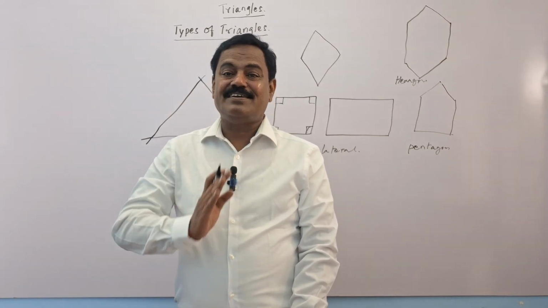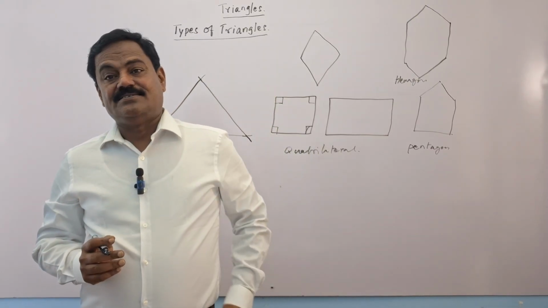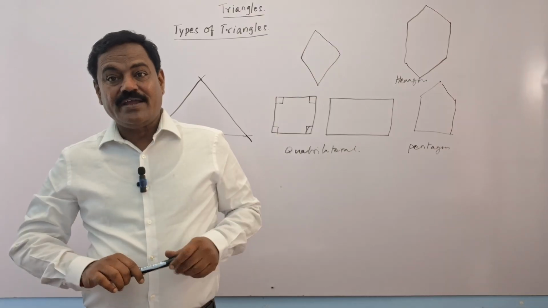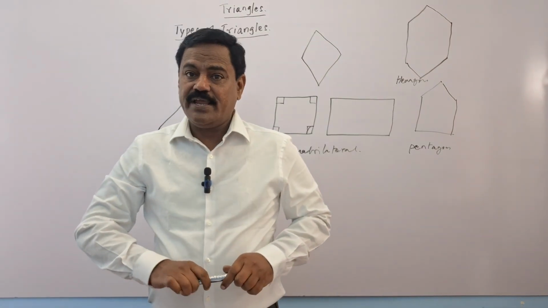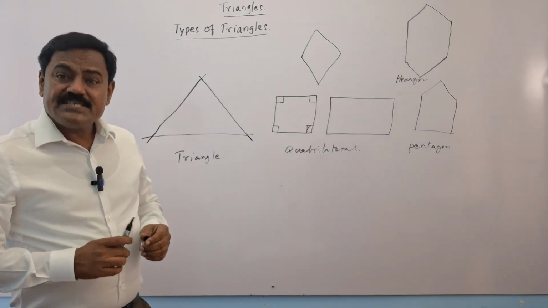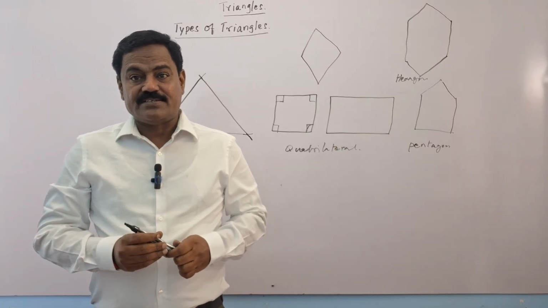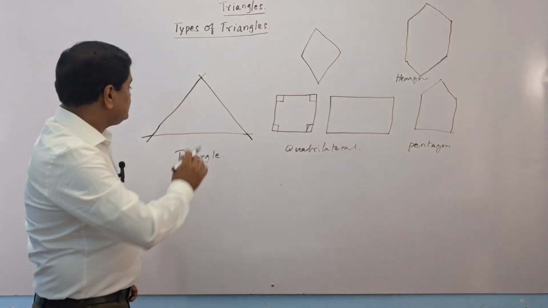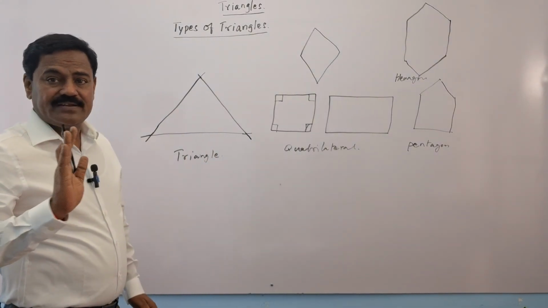When 10 lines are intersecting and forming a shape, that is called a decagon. That's why all these things together are called polygons. So a triangle is the simplest form of a polygon. Clear, students? So now we understood a triangle will have three lines, correct?